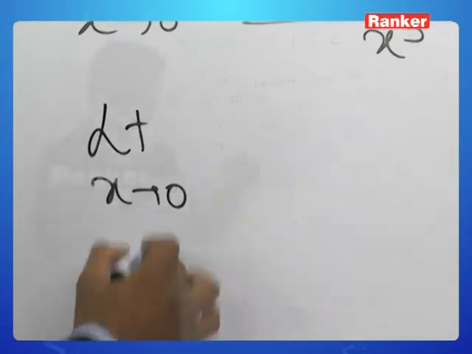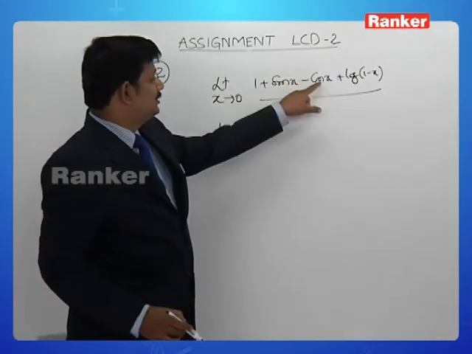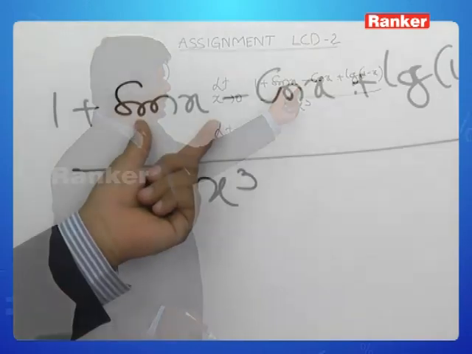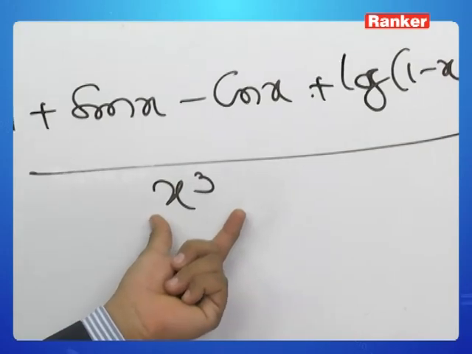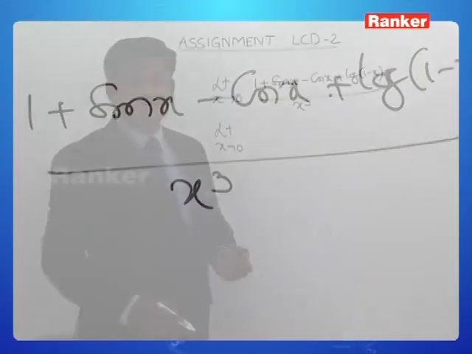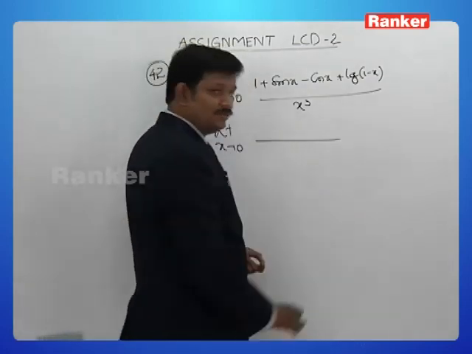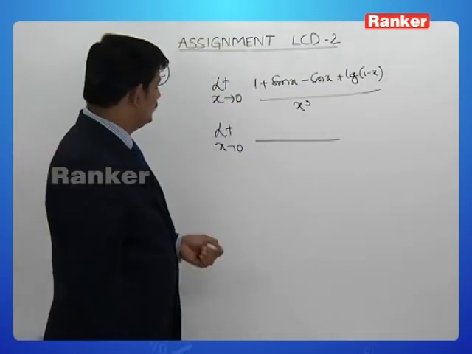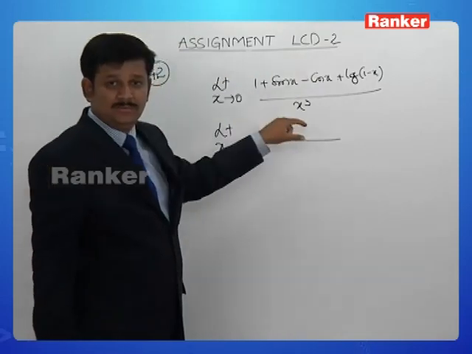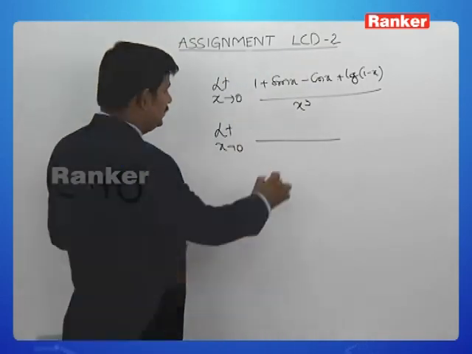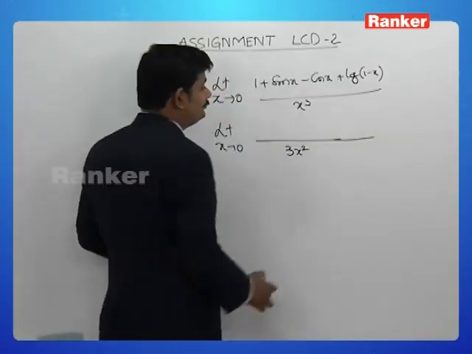As x tends to 0, cos x tends to 1, 1 minus cos x is 0, sin x is 0, log 1 is 0, x cube is 0. So, this is 0 by 0 form, and in 0 by 0 form limit x tending to a f of x by g of x, we know it is equal to limit x tending to a f dash x, derivative of numerator by derivative of denominator. So, let us differentiate denominator, 3x square.